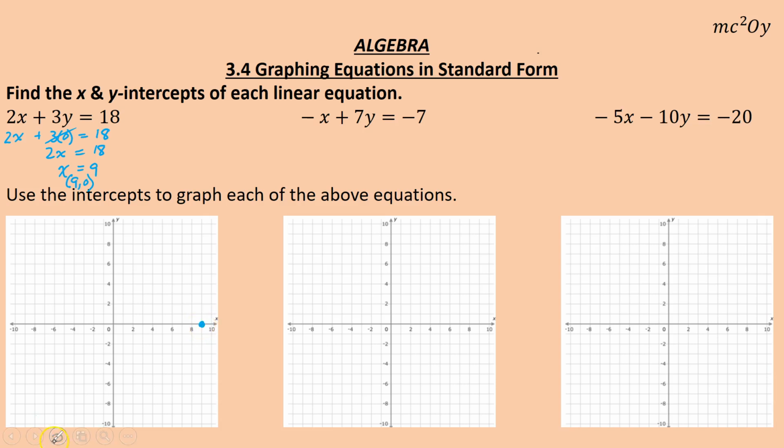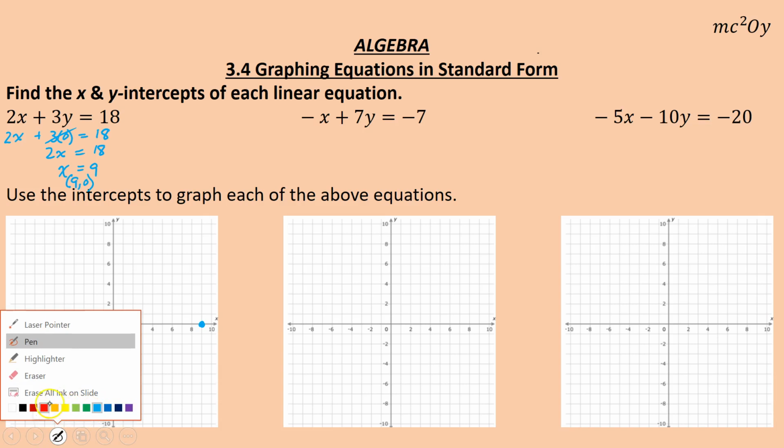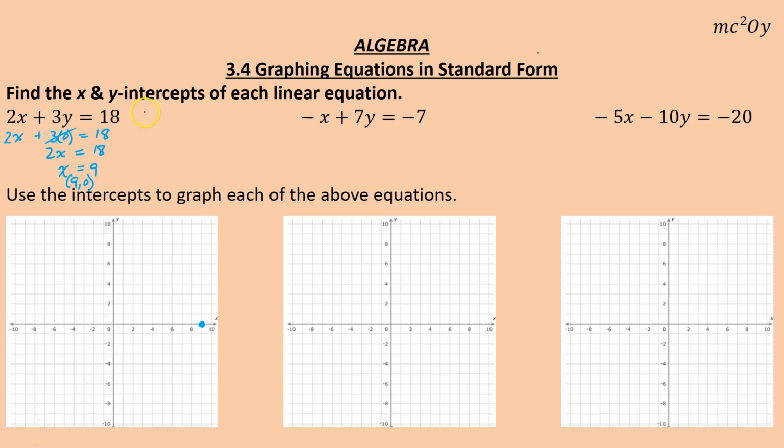Now, if I want to find the y-intercept, let's switch up colors here. The y-intercept would be when x is 0. So let's rewrite the equation. Now I just put 0 in for x and solve for y. 3y equals 18.